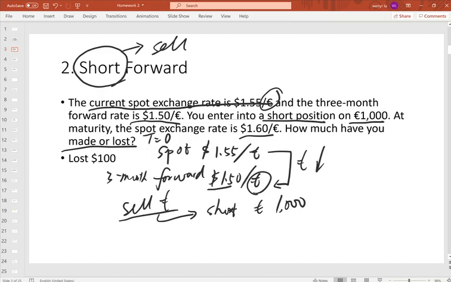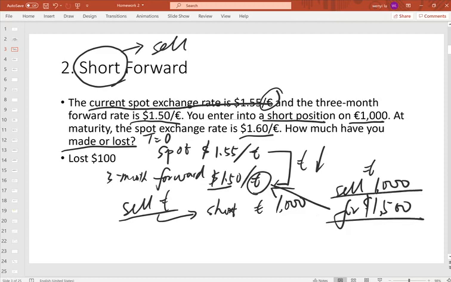If the market has the euro continue to depreciate like your expectations, you can still sell the euro at maturity on the third month for $1,500, based on our rate in the contract. So if our euro continues to lose value, based on the forward contract you bought at time zero, you can sell this 1,000 euro for $1,500.